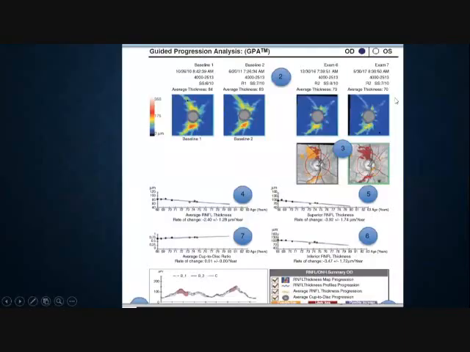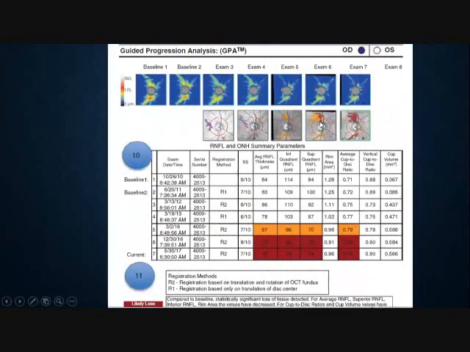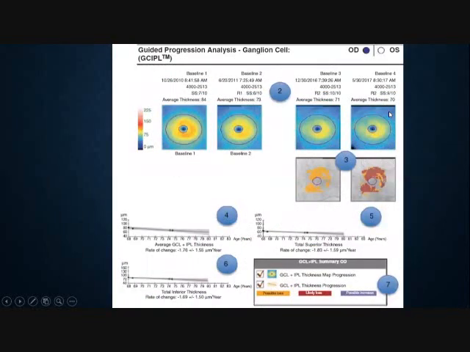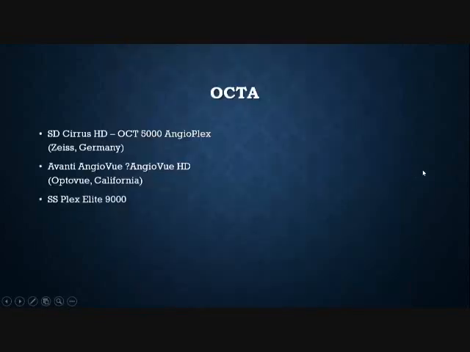Now there are some programs which give you progression analysis, how the damage is progressing. And you can see with the serial OCT scans that the damage is increasing in each scan, and you can see it in graph form as well as in photograph form. So similarly, in the macular ganglion cell layer, you can have the progression analysis.